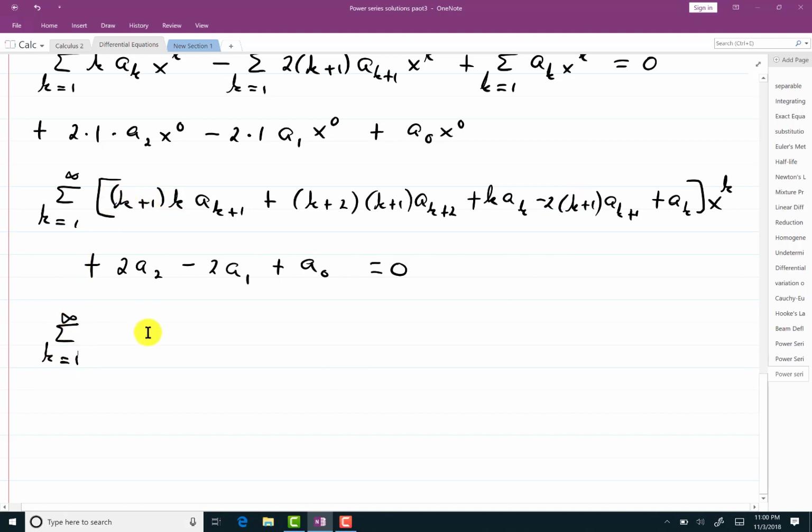So if I take k plus 1 times k, a sub k plus 1, minus 2 times k plus 1, a sub k plus 1, that will handle this piece and this piece. I don't have anything attached to a sub k plus 2.